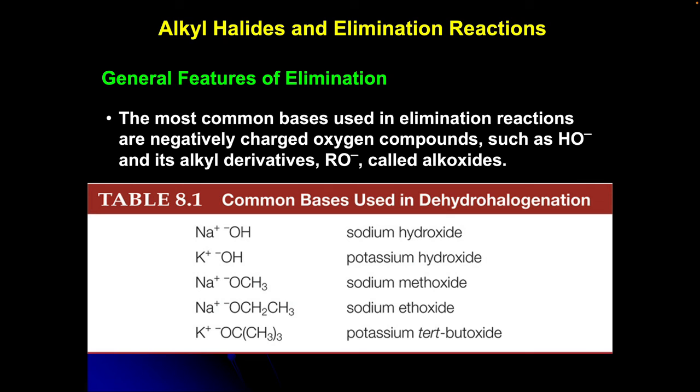Sodium or potassium hydroxide, sodium methoxide, sodium ethoxide, and potassium tert-butoxide are common bases in these dehydrohalogenation reactions. Okay? And these elimination reactions, or beta elimination reactions. Use whatever word you want.